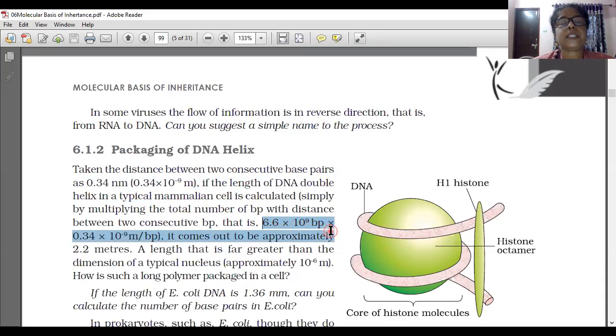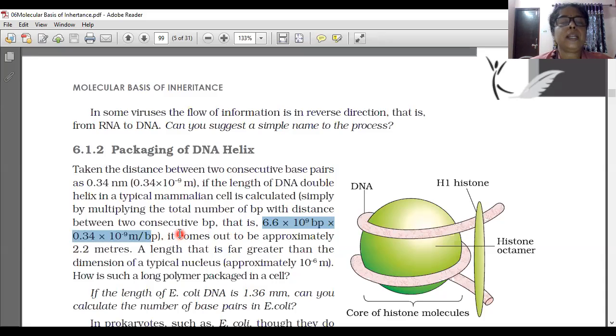That is 6.6 × 10^9 bp × 0.34 × 10^-9 meter per base pair. Already we have learned that the distance between base pairs is 0.34 nanometer, that is 0.34 × 10^-9 meter.